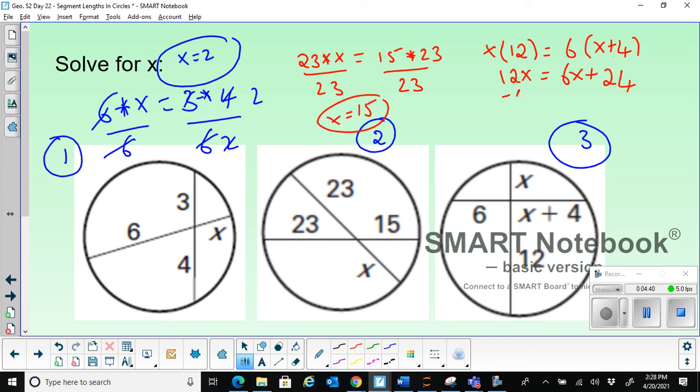Subtracting 6x on both sides, I will have 6x equals 24. Dividing by 6, I will have x equals 4 as the final answer for problem 3. I hope this is clear. Let's move on to the next slide.